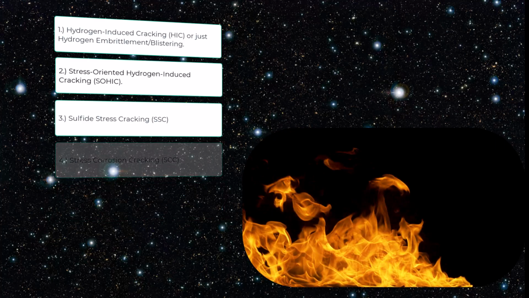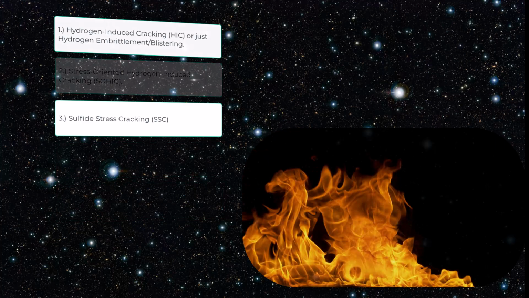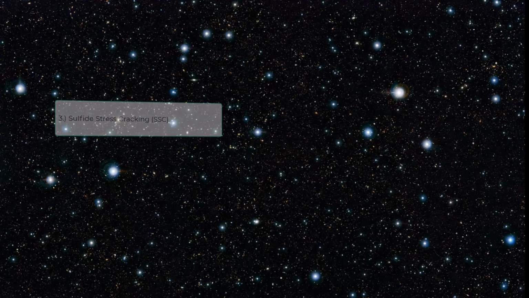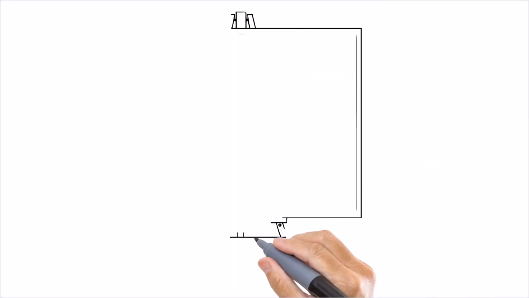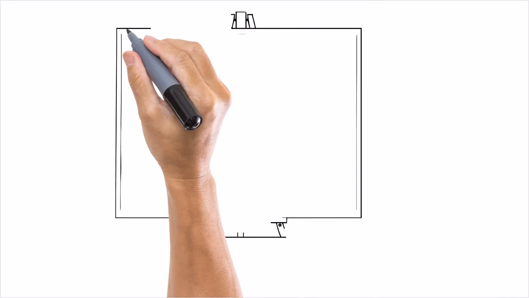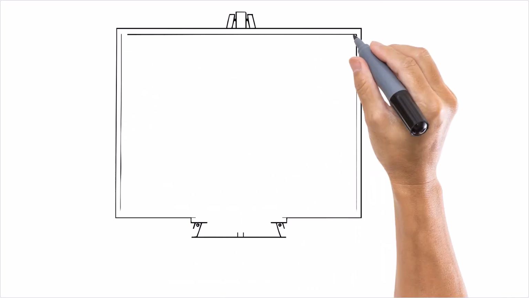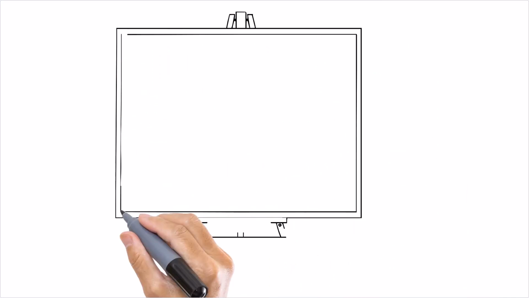So let's do a quick review of what we learned on this topic of hydrogen attack methods. Although there are other types, these are the 5 most common that will be impacting for the SME.